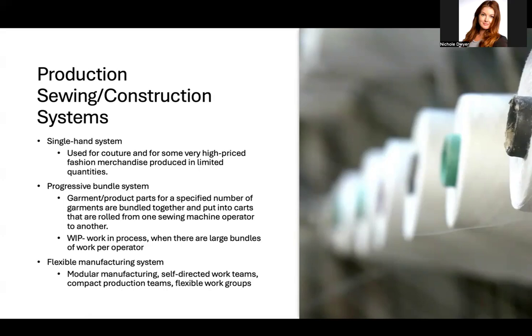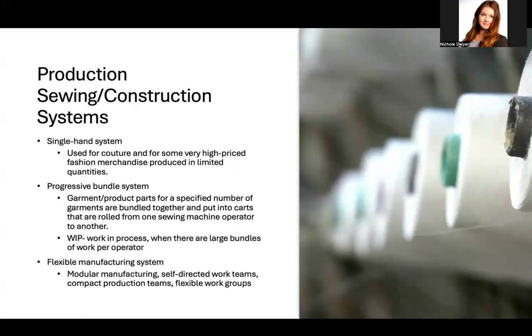This is reserved more for couture or higher priced, high fashion goods, where the merchandise is produced by a single individual and they make the entire garment themselves. It's not necessarily in a big manufacturing facility. You see these in more of the ateliers in regions around the world that focus on couture production.